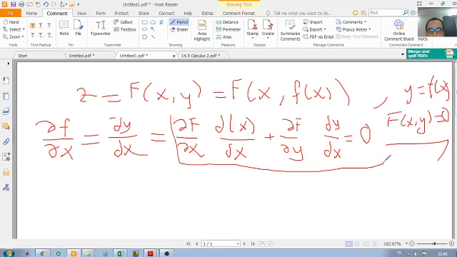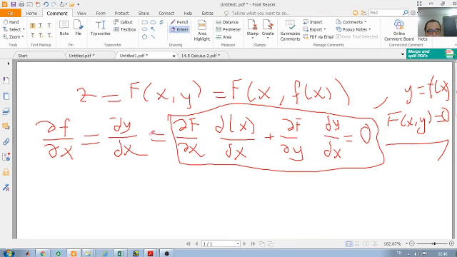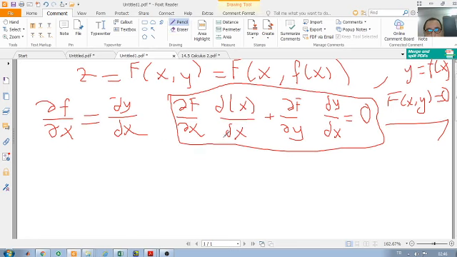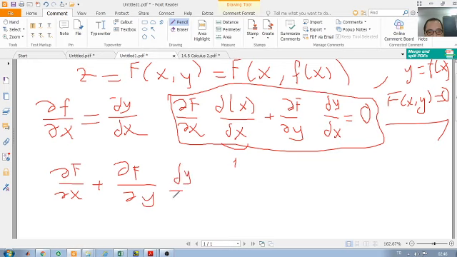So from here we will find a formula for dy over dx. The derivative of x with respect to x is equal to 1. Therefore we have del bigger F over del x plus del F over del y times dy over dx, we write d because y is just a function of one variable, depending on x, is equal to 0.